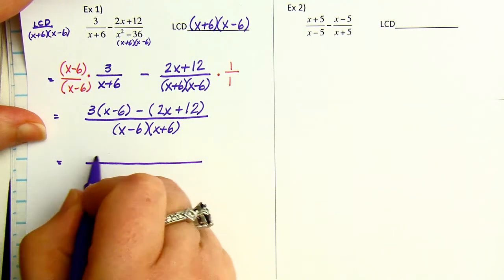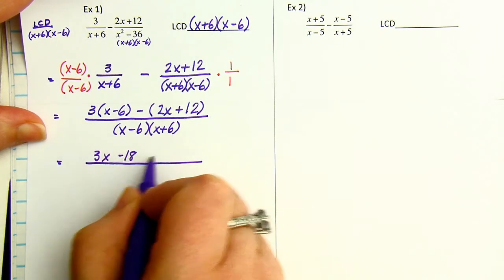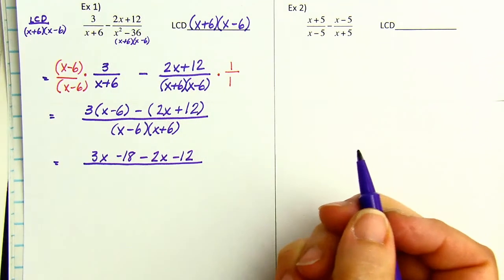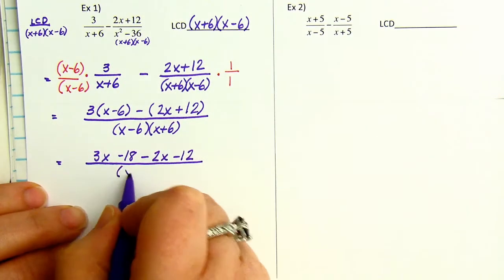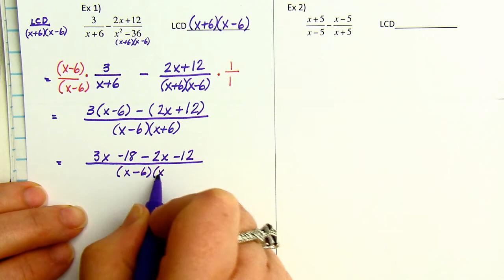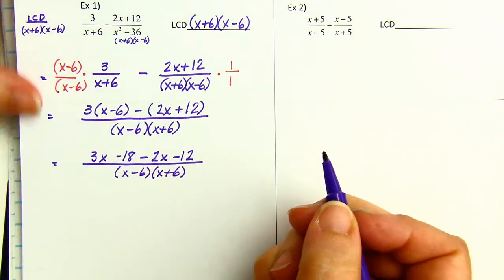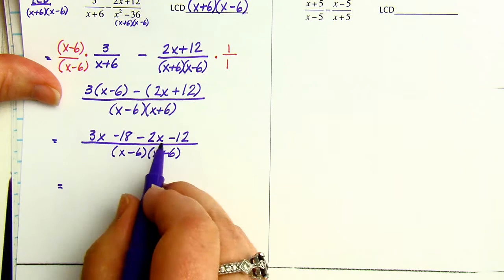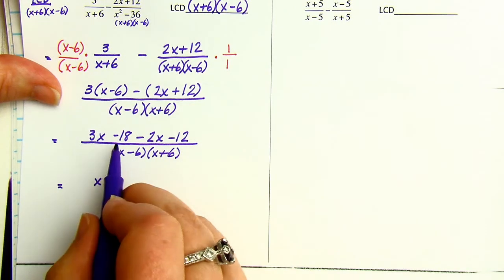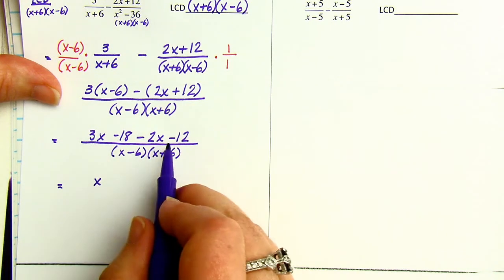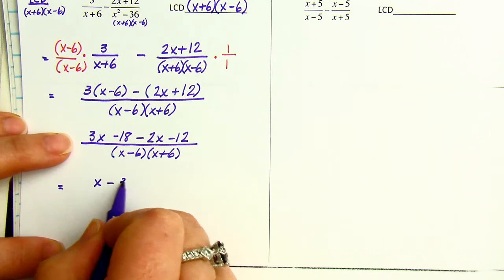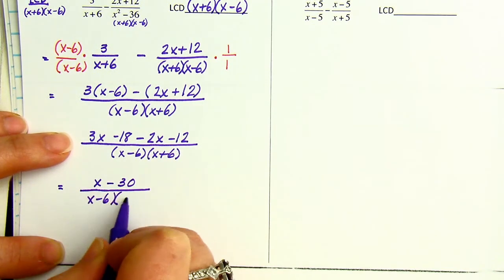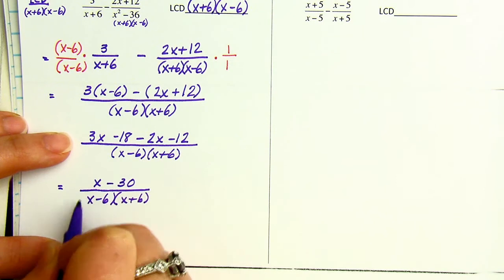This is 3x, subtract 18, subtract 2x, subtract 12, all over x minus 6 times x plus 6. Combine like terms in the numerator. 3x subtract 2x is 1x. Negative 18 subtract 12 is negative 30. All over the one common denominator, x minus 6 times x plus 6.